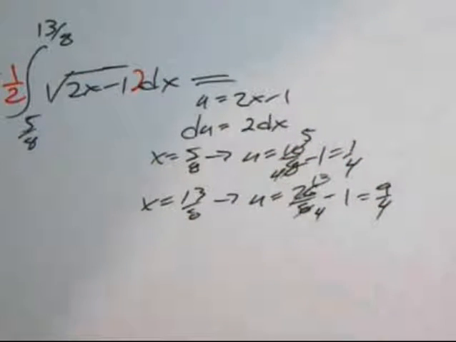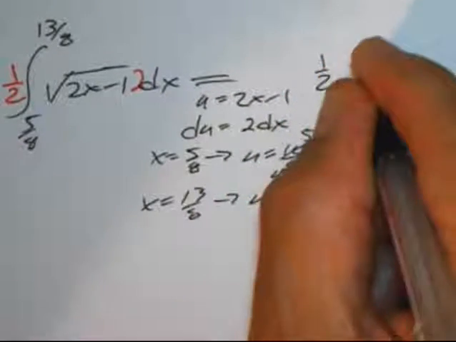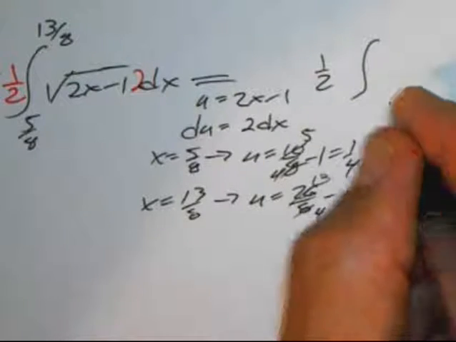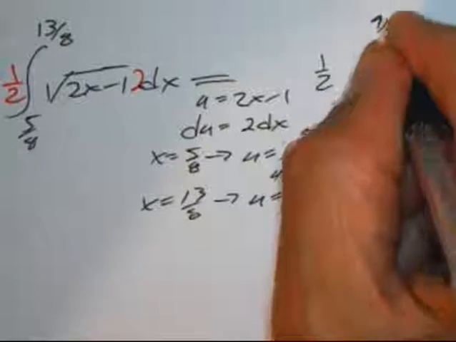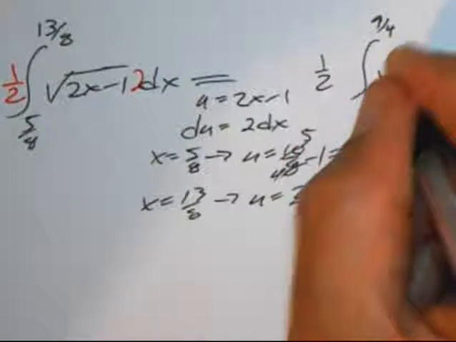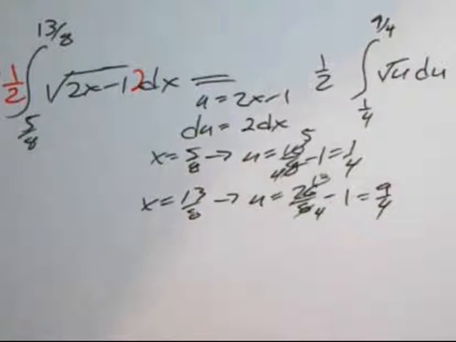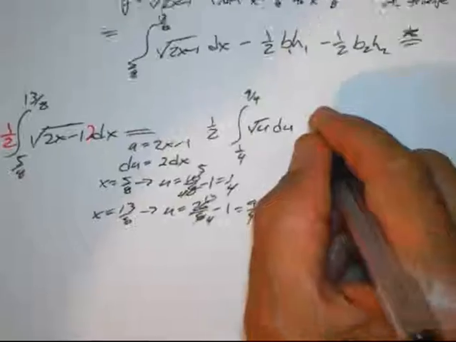Okay, and so now this definite integral becomes, the 1/2 stays. It's going from 1/4 to 9/4 of square root of U du. Okay, square root of U, that's like U to the 1/2, power rule.